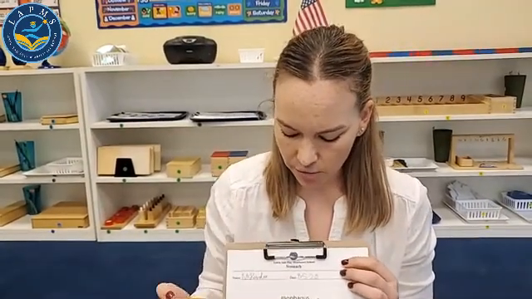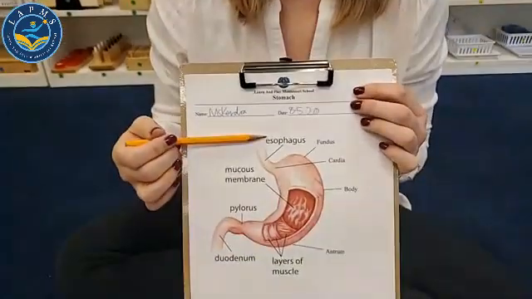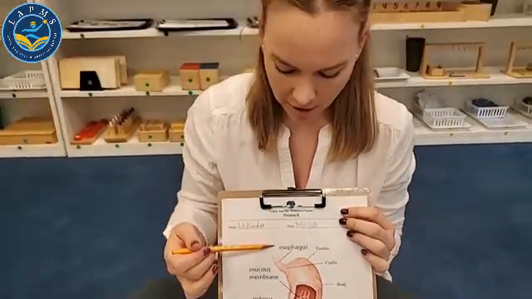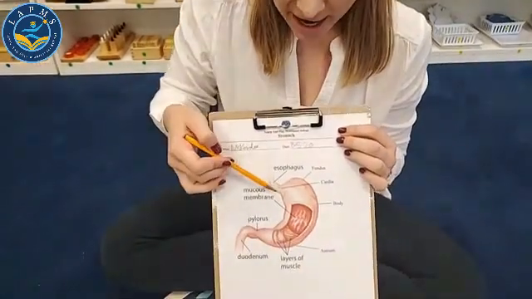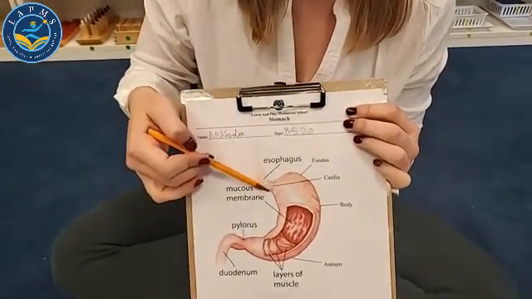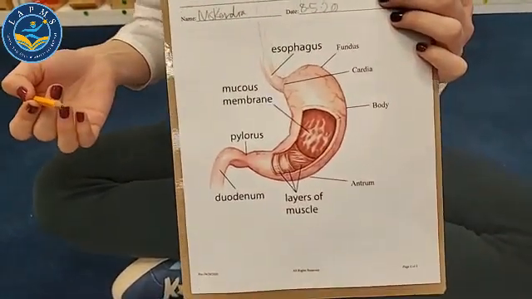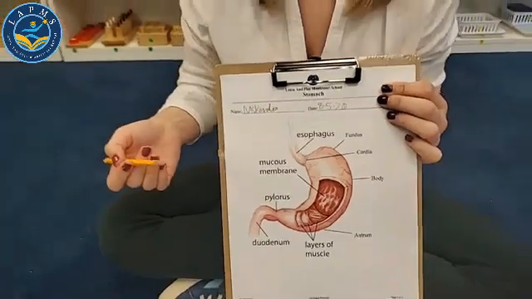Okay, so the first thing we see up here is the esophagus. We know what that is, right? That's the tube that brings it all the way down to the stomach, the esophagus. But right here at the end of the esophagus and the beginning of the stomach is something called the cardia. Okay, and that's this word here, cardia.